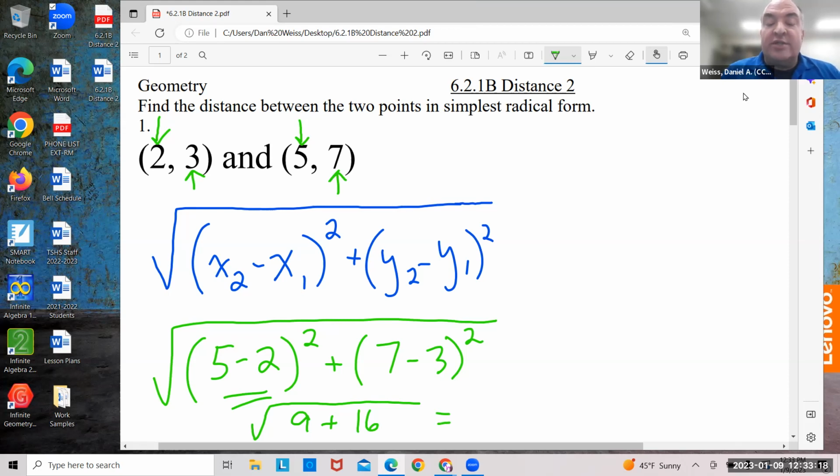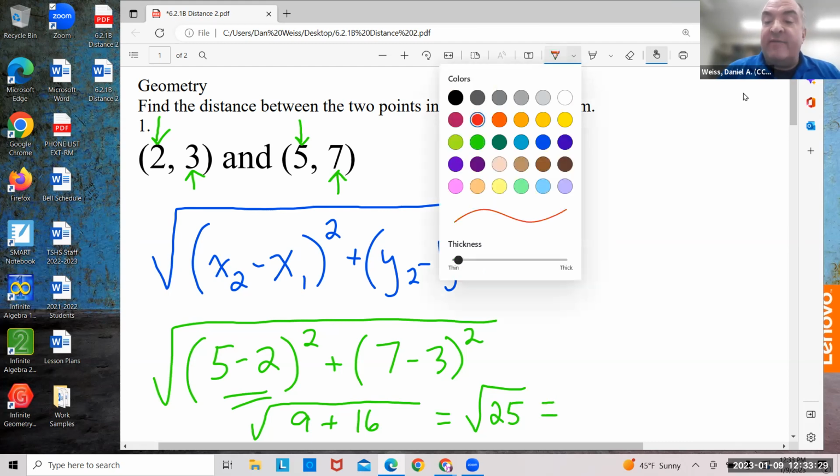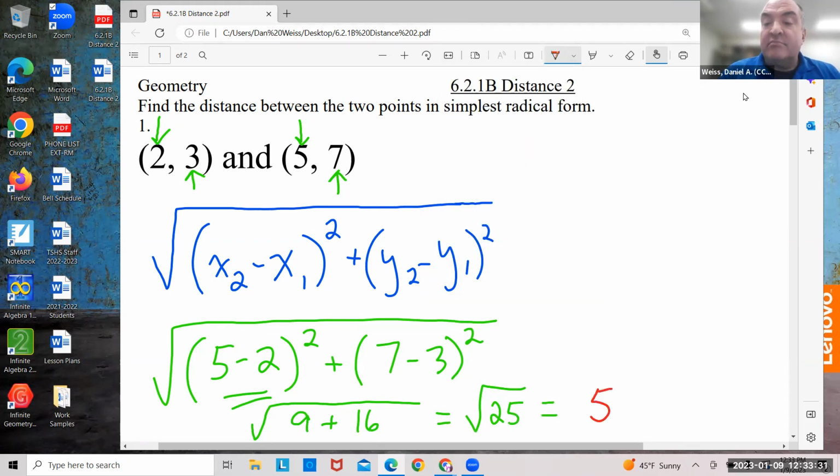Okay. So 9 plus 16 is 25. What's the square root of 25? That would be 5. Okay, that's what you do. All right.